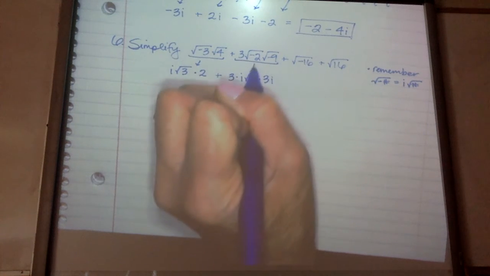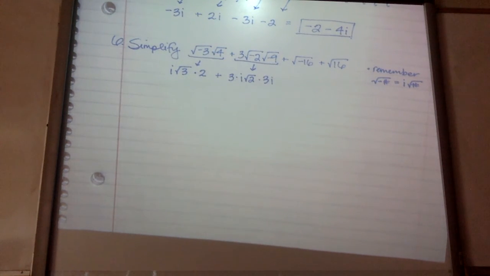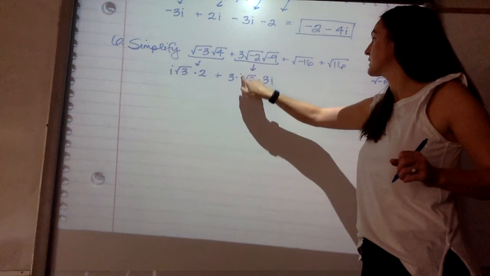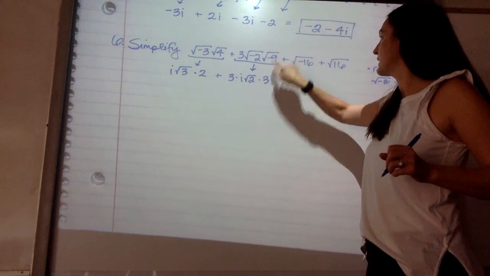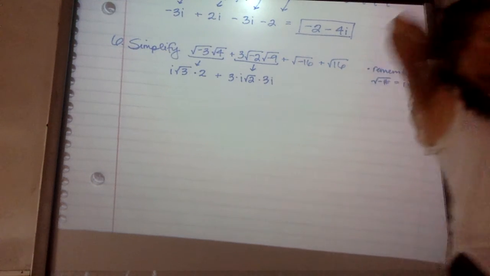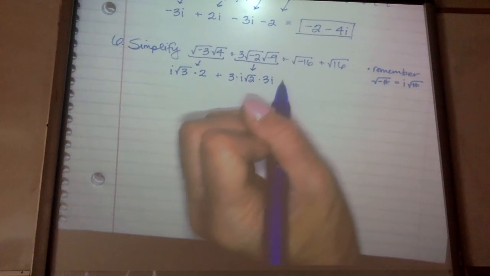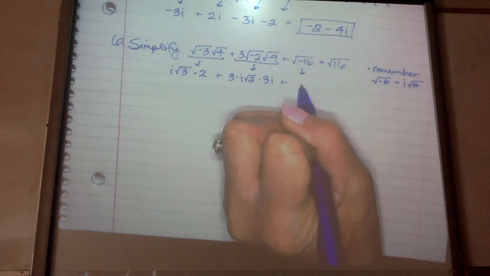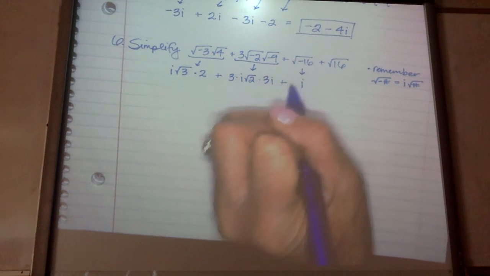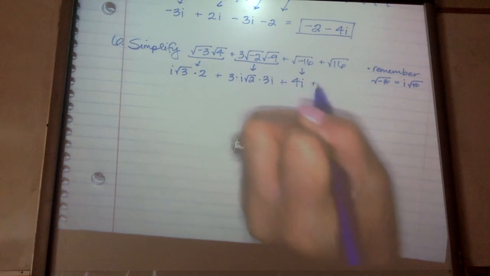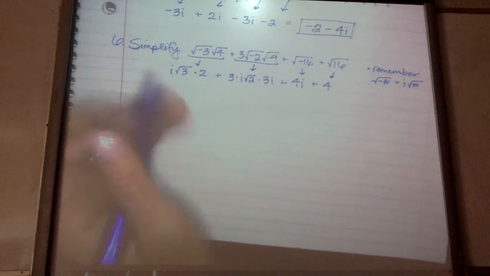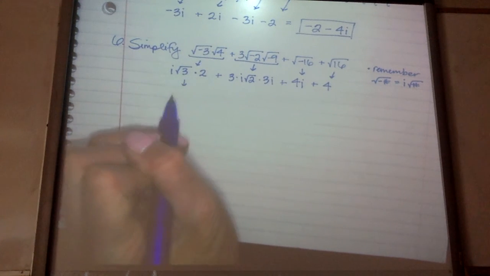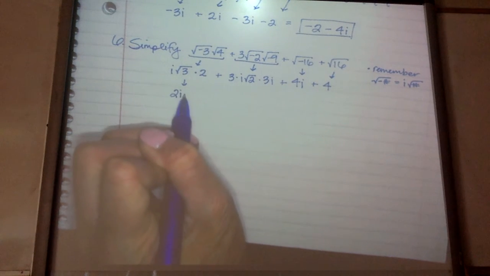I simplified each part: the 3 comes down, this becomes i square root 2, this becomes i, and the square root of 9 is 3. Next one: I get i from the negative, and the square root of 16 is 4. At the end, simply 4. So I'm going to go ahead and simplify these first two. This first term becomes 2i square root 3.